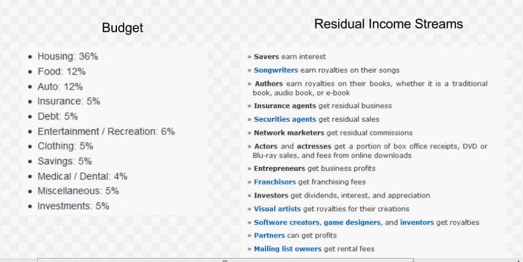Now, he had one, which was real estate, but I expanded it to talk about other income streams, and I'm going to share with you how that's done today.